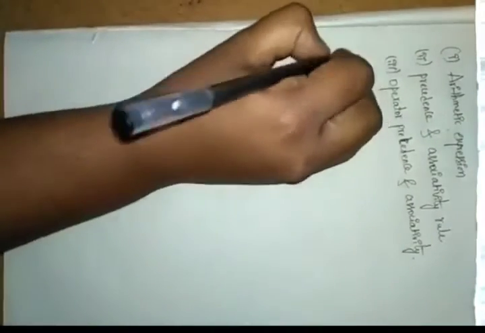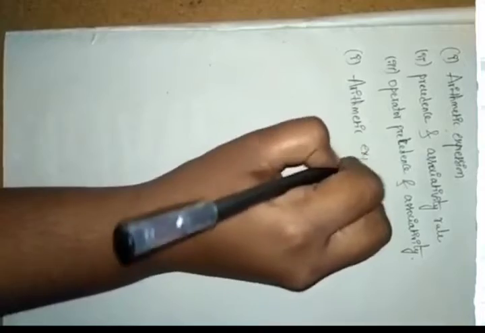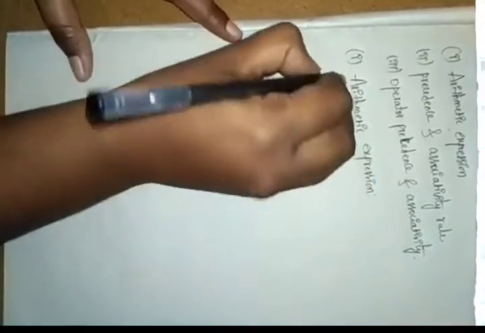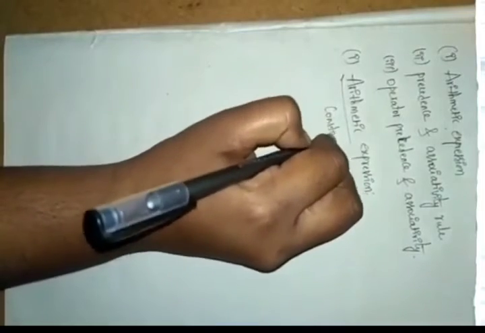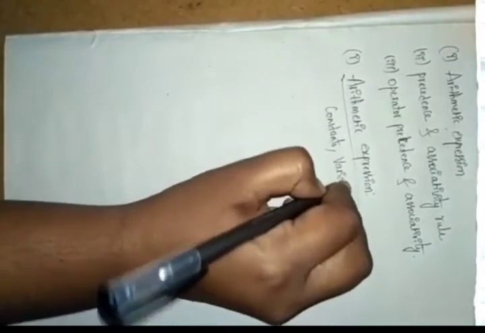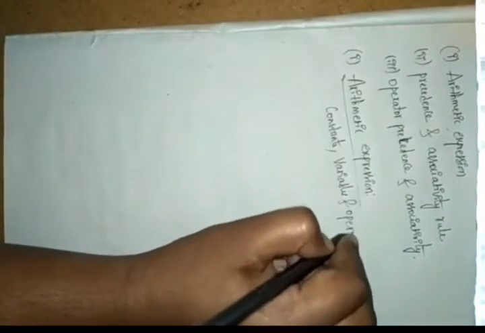The arithmetic expression follows the BODMAS principle. An arithmetic expression is a combination of constants, variables, and operators.